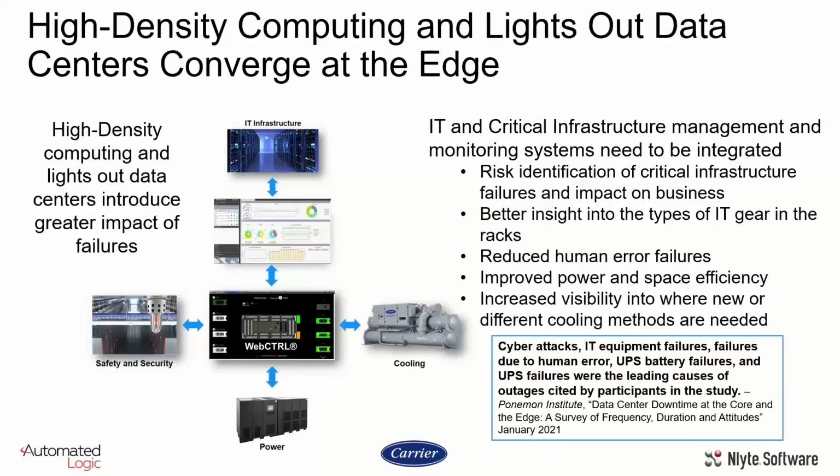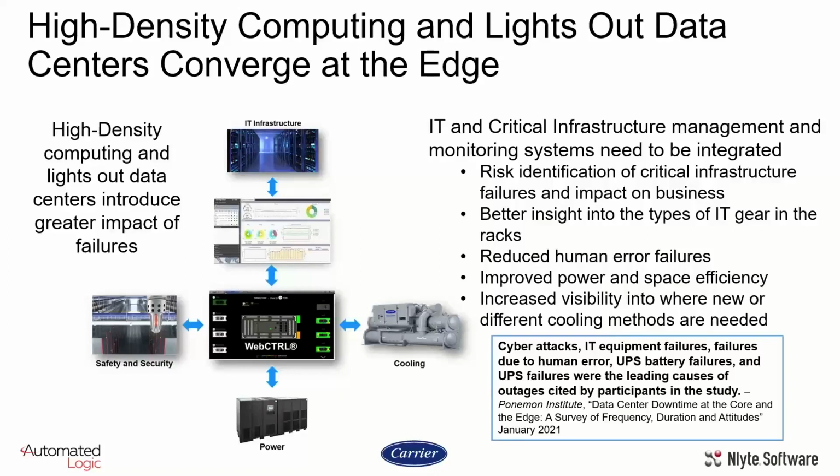Thinking back to the example I used at the beginning around artificial intelligence and machine learning, those types of workloads often require banks of tightly packed GPUs or high processor count servers working together to perform the workload. And if you don't have the visibility into the racks to know if all those servers are aligned and grouped together correctly, you run the risk of not being as efficient as you should be.